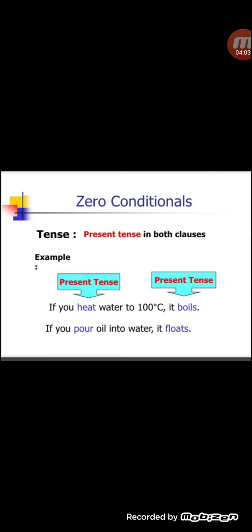It's a universal fact. Okay. Generally we indicate universal facts in simple present tense. That's why we have to say the main clause to be in simple present tense. If you pour oil into water, it floats. It's a general fact. That's why we have to use simple present tense in the main clause.